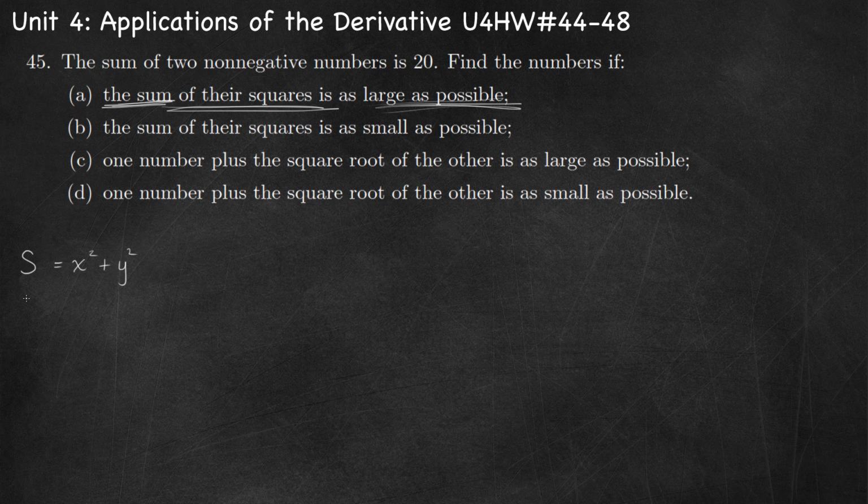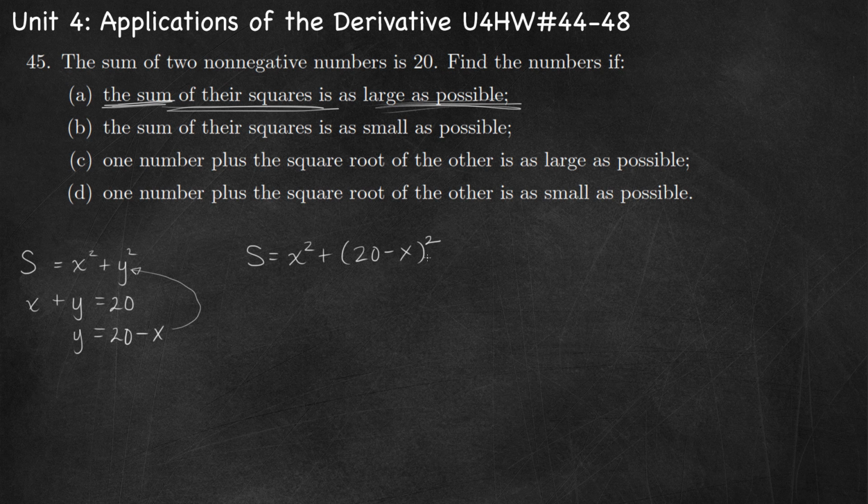So we know that x plus y equals 20. So we can solve for y equals 20 minus x, and then substitute that in for y in my primary equation. So then I have s equals x squared plus 20 minus x squared.